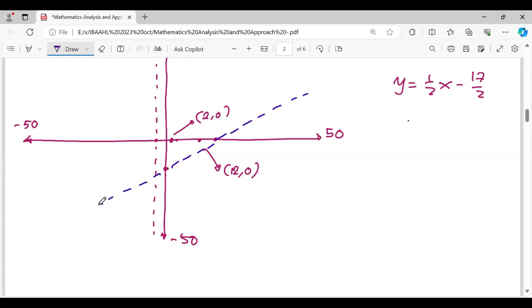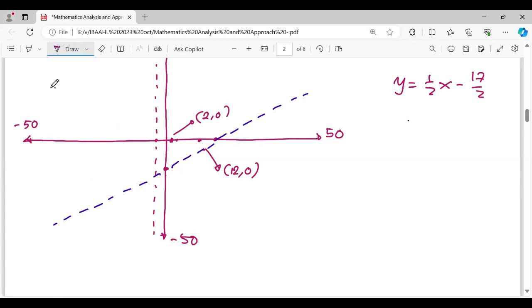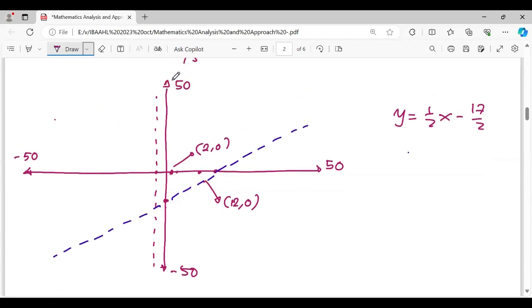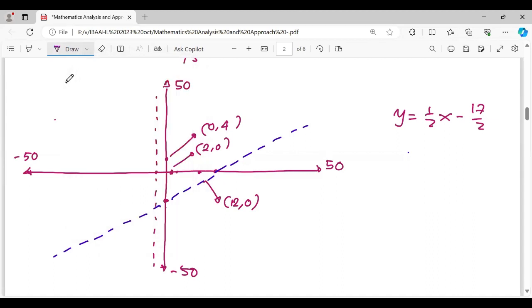All right. And there is a point on the y-axis at 4. This is 0, 4. Okay, now we're going to sketch this. We're using this color to sketch.